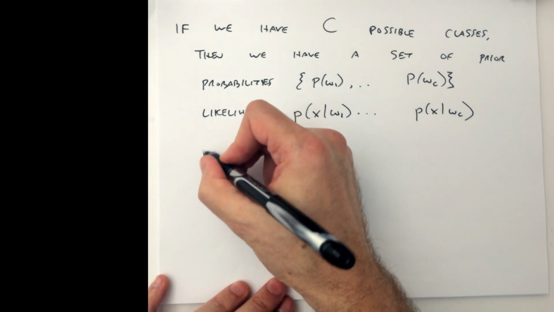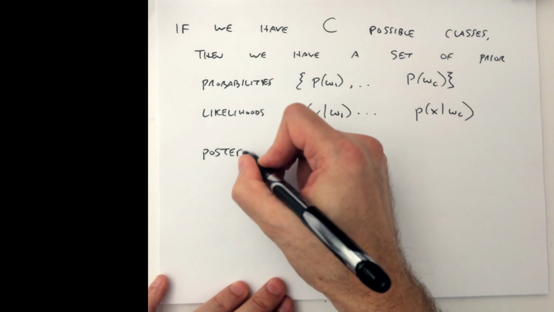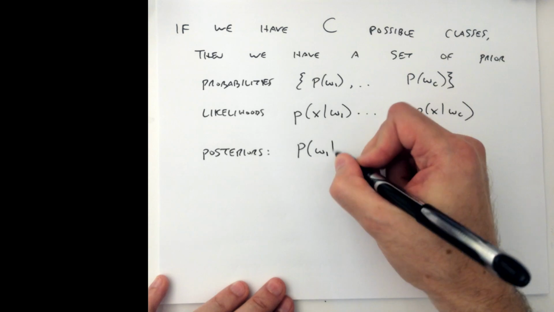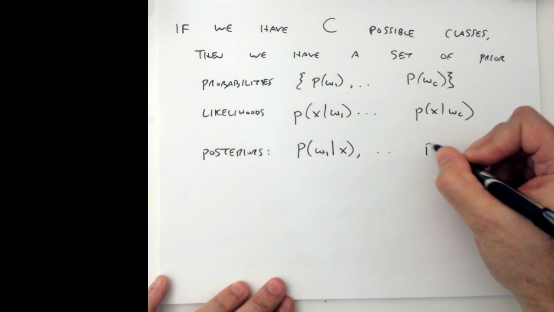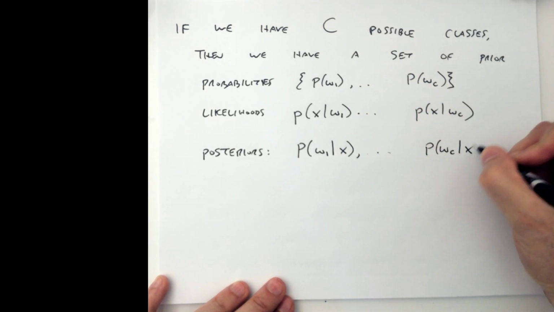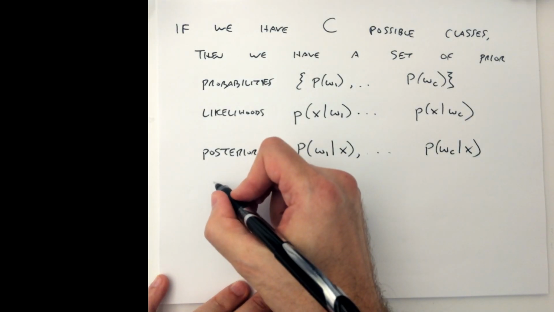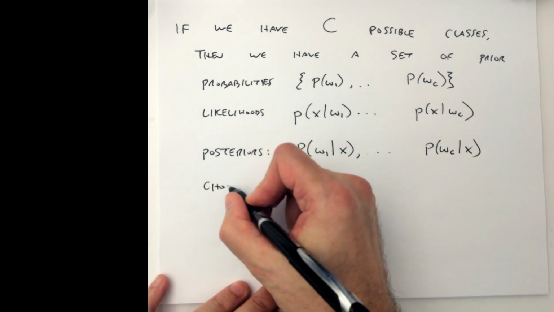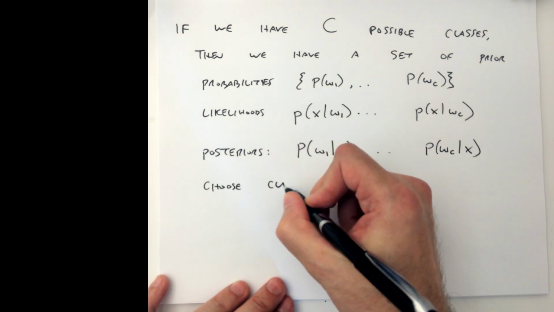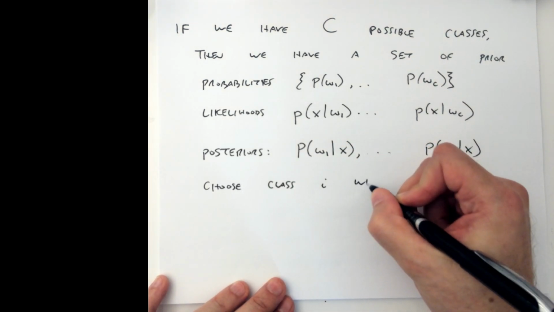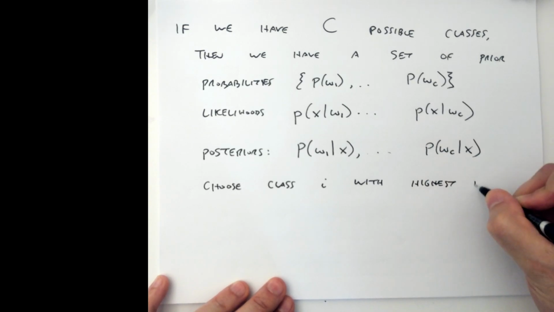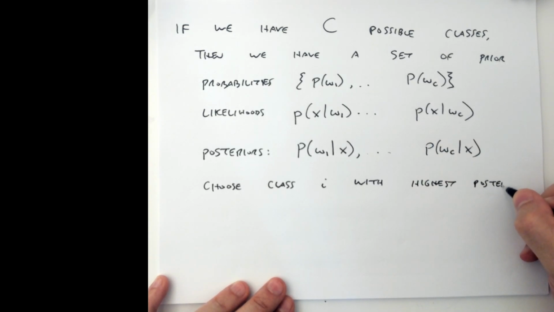In the same way, we form the posteriors, which is basically the probability of omega i given x. We form the posteriors in exactly the same way, and we choose class i with the highest posterior.